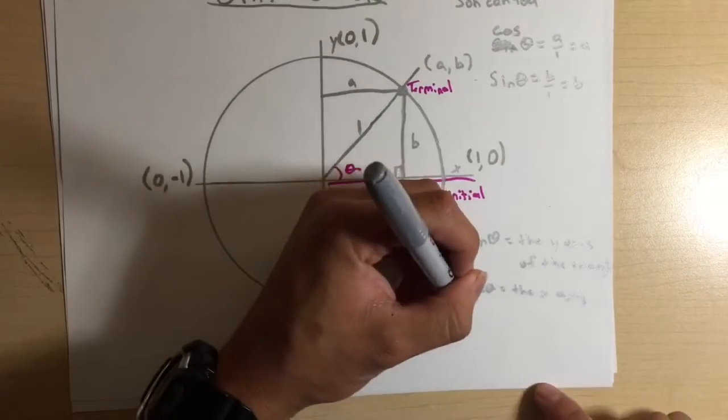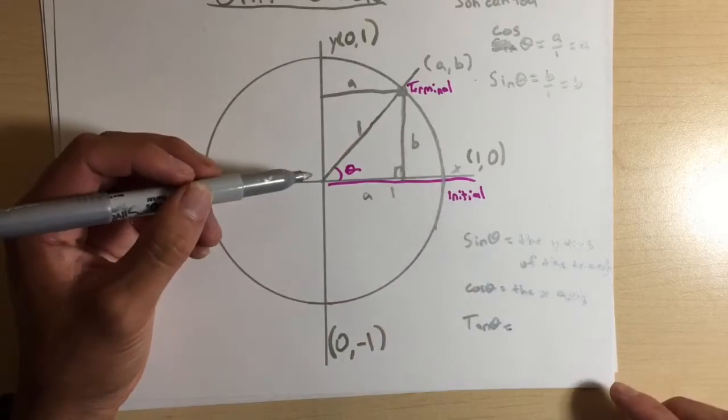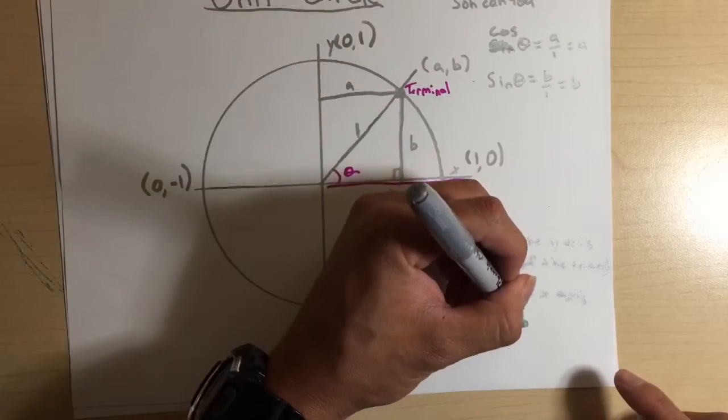And same as tan, tangent theta equals opposite over adjacent, which is B over A.